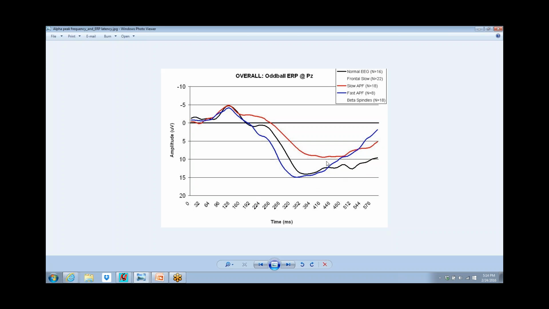And that difference wave basically happens at about 300 milliseconds. If your alpha is fast, it occurs earlier. If your alpha is normal, intermediate, and if your alpha is slow, it's much more latent, or late, basically. And this is a basic processing speed. Your background alpha frequency is literally turning on and off your perceptions.